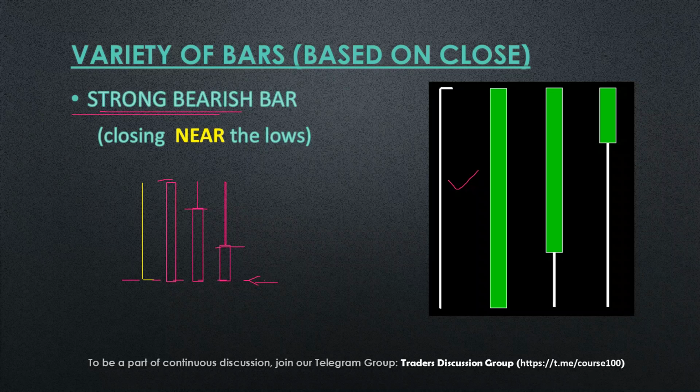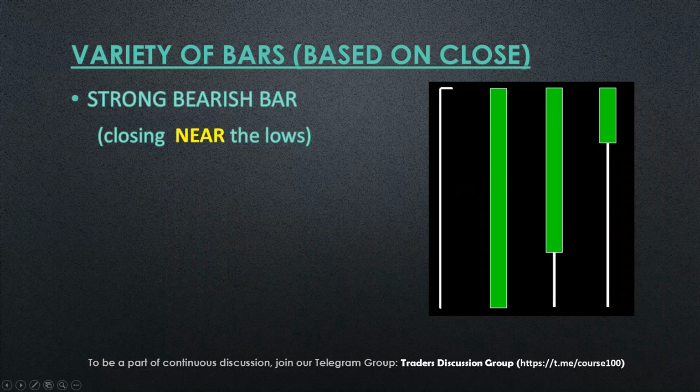Now it's not a hard rule. If it closes somewhere here as well, we will still consider it near the lows. But if the middle is here, and my bar instead closes well above that level, somewhere here, I'll say it is well off the lows but below the middle line, so it is fairly bearish. Whereas if my bar closes near the lows, then I'll say it's a strongly bearish bar.